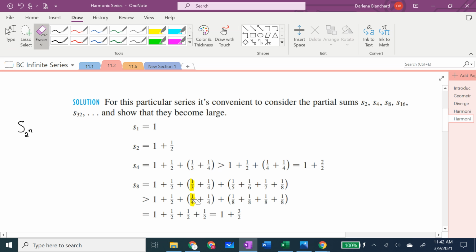Okay, so we have that situation again that we had from the S sub 4 of 1/3 being greater than 1/4. But now we're taking 1/5 and 1/6 and 1/7 and noticing that all three of those are greater than 1/8.